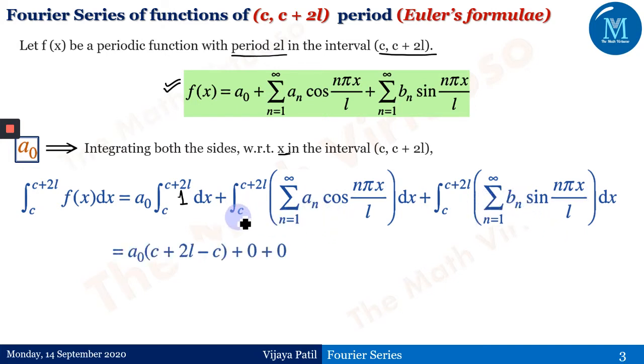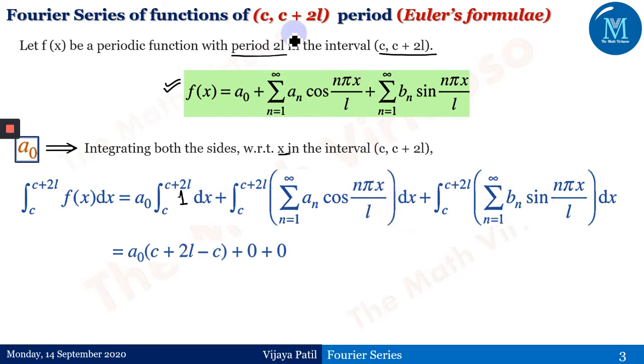Now, summation of an from n equals 1 to infinity is a constant, so what remains is integration c to c plus 2l of cos of n pi x by l dx. Whenever we integrate, this gives cos, and when you put the upper and lower limits, x is replaced, giving cos of n pi (c plus 2l) upon l minus cos of n pi c by l.